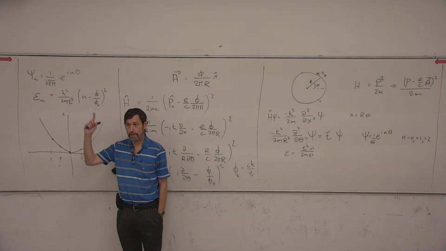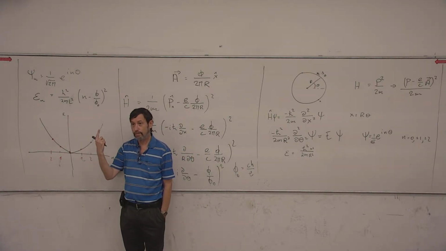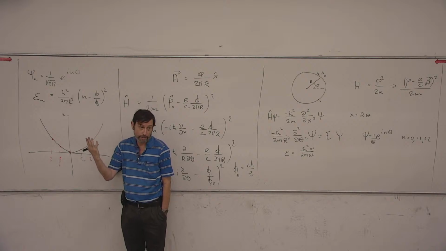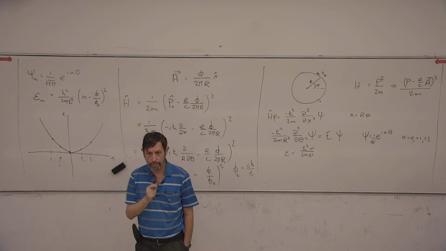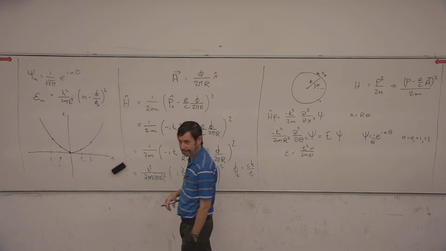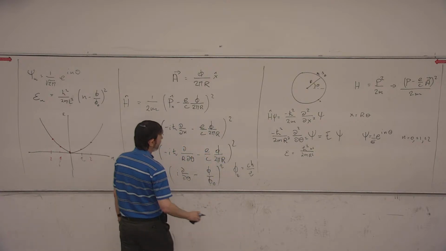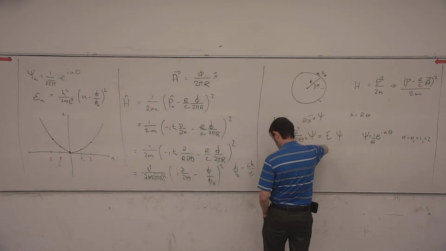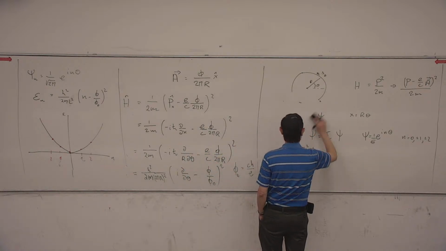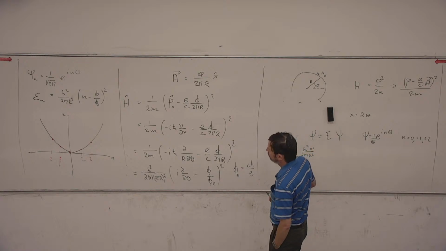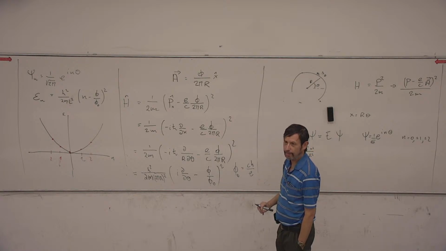What is the velocity? Why do I want velocity? For current. I will multiply it by the charge and I'll get the current. Shouldn't it be h bar squared?